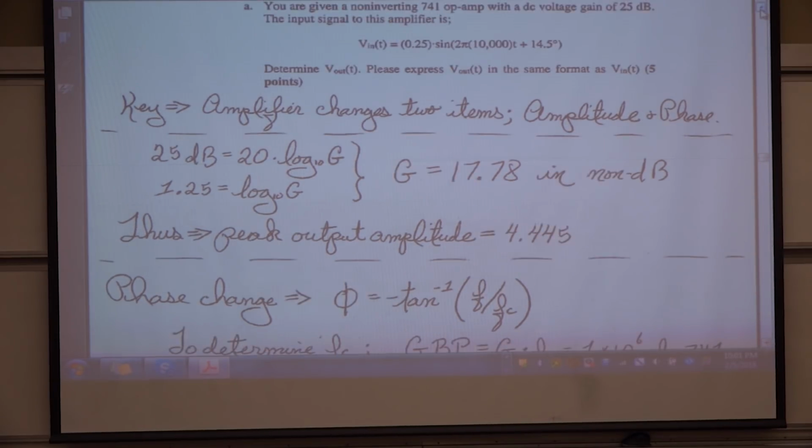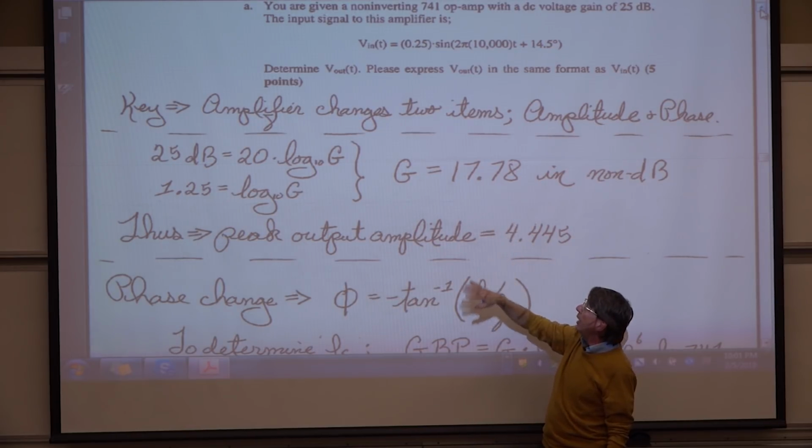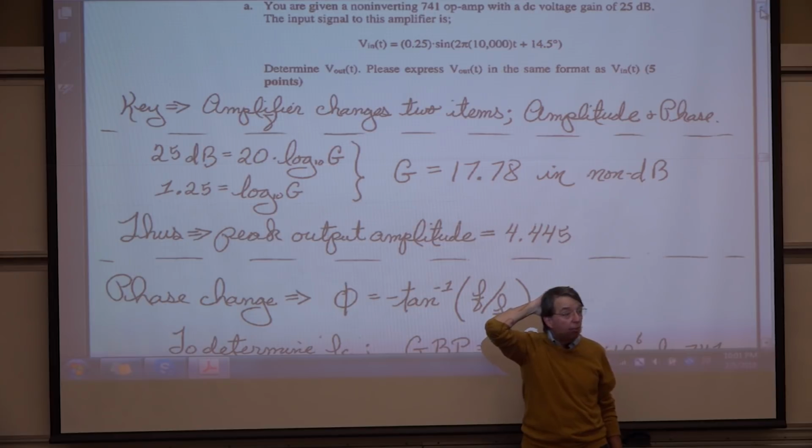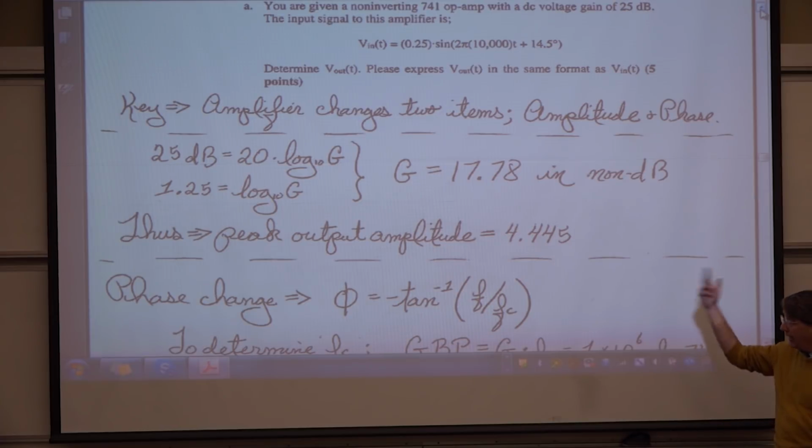I give you the input, and the input peak is 0.25, right at the top. So I just take 0.25 and multiply it by the gain, 17.78. That gives me the output peak voltage, in this case 4.45 we'll call it.